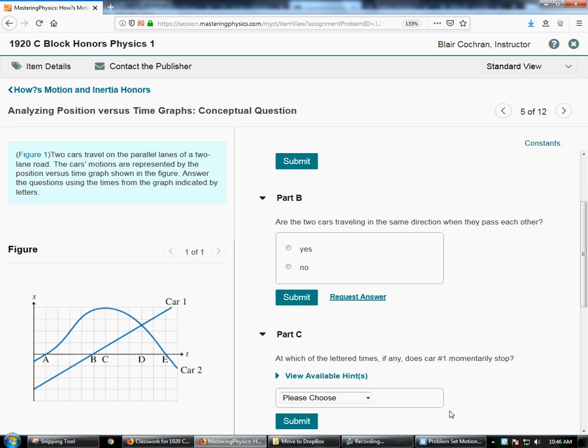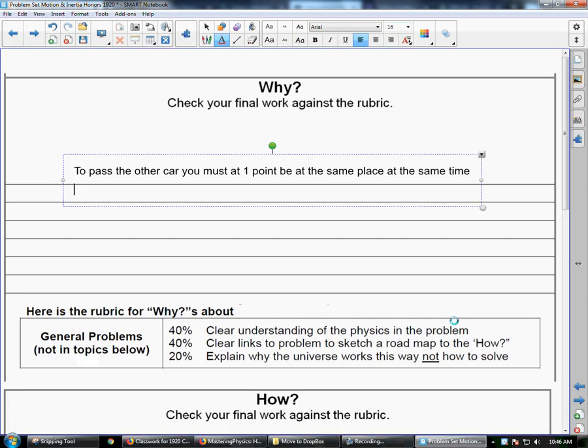Well, the slope of the position time graph is the velocity, so the direction of travel is shown by the velocity.